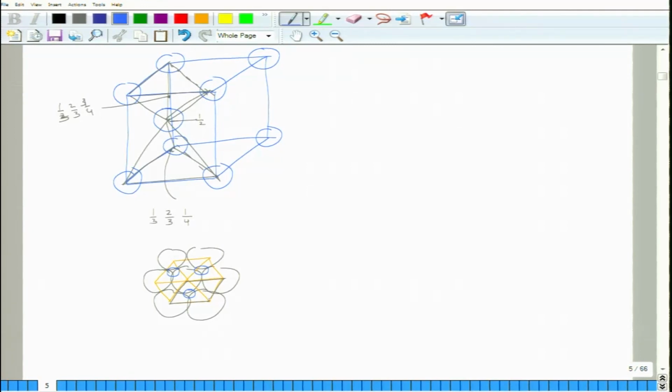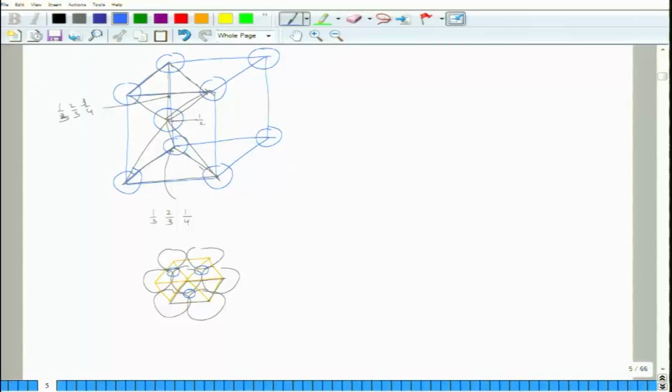So, you can see that these 3 give you one tetrahedral void, but remember these atoms also share the tetrahedral voids on the sides. They are sharing the tetrahedral void of the neighboring unit cell. So, those 2 neighboring unit cells contribute to the tetrahedral void of this unit cell.